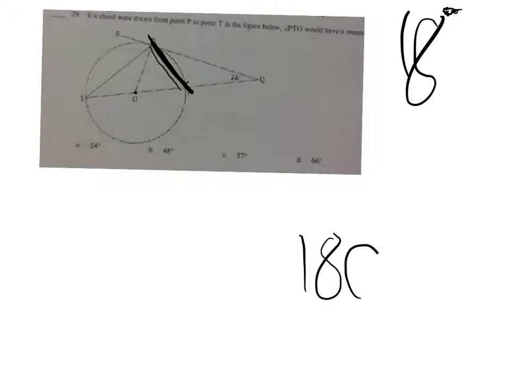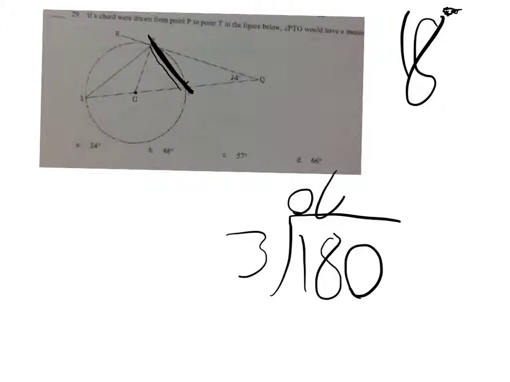I'm going to guess that if we divide 180 by 3, because this is an equilateral triangle, 180 being the total of all these angles put together, so if we divide 180 by 3, that gives 60.